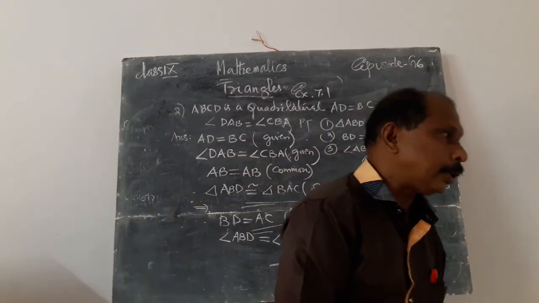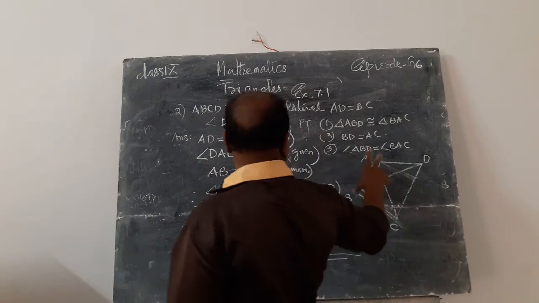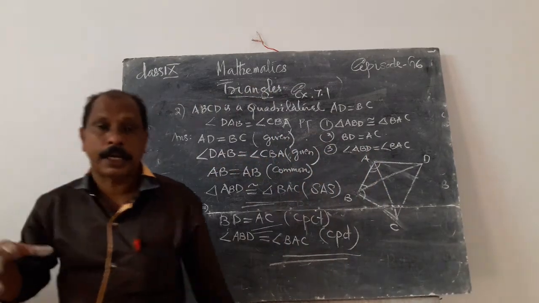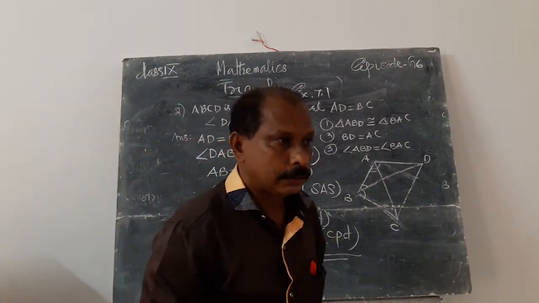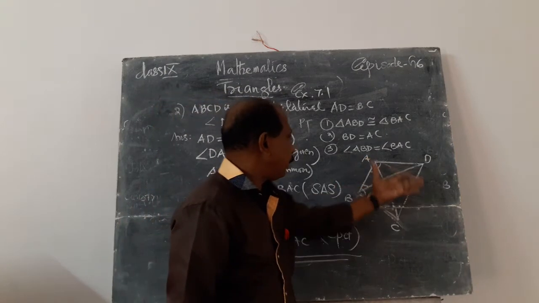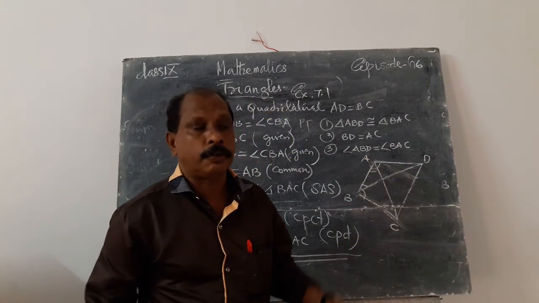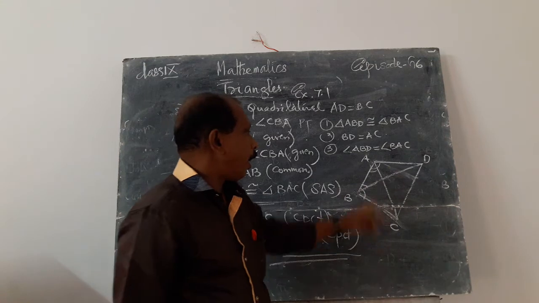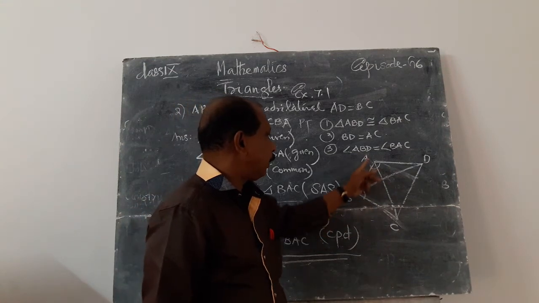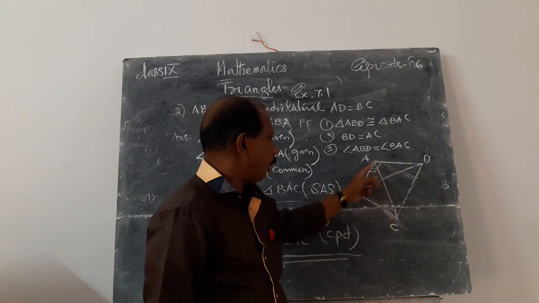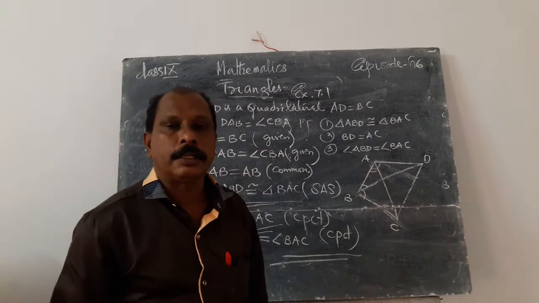Clear? That means AB is the common side of these two triangles. And given that AD is equal to BC, that is also good. Therefore, two sides are equal. And angle BAD is equal to angle ABC, that means the included angle.